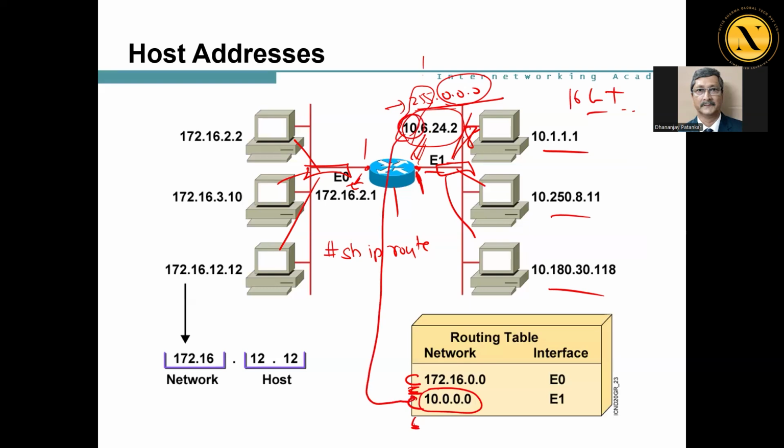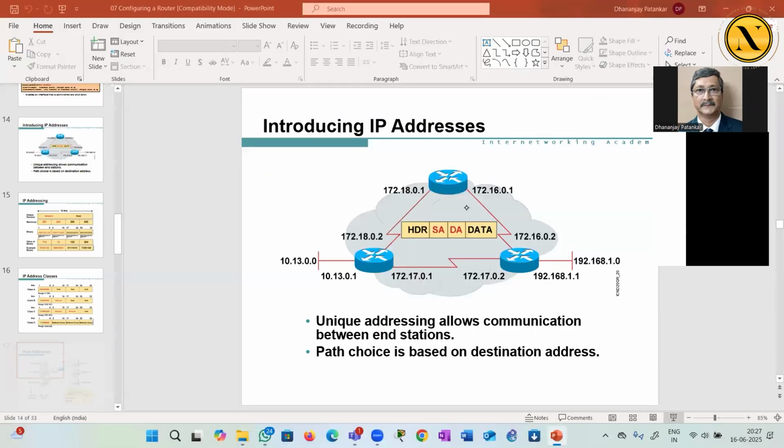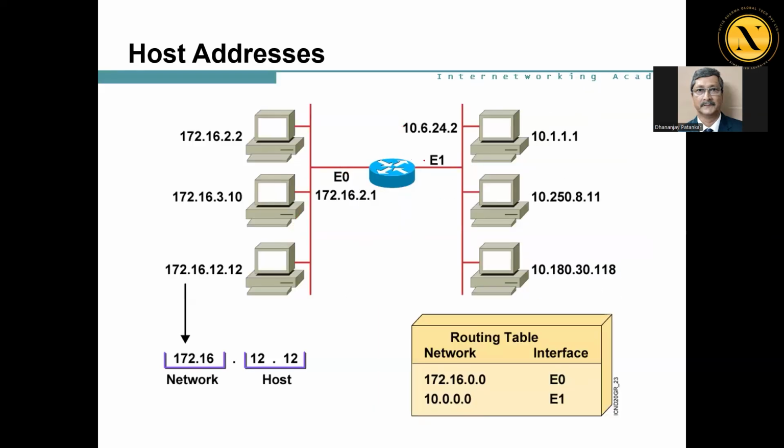So had somebody given here /16, that means 255.255.0.0, then here it would have been 10.6.0.0. Understood? Had somebody given /24 there, which means 255.255.255.0, then this would have been 10.6.24.0. You get it?